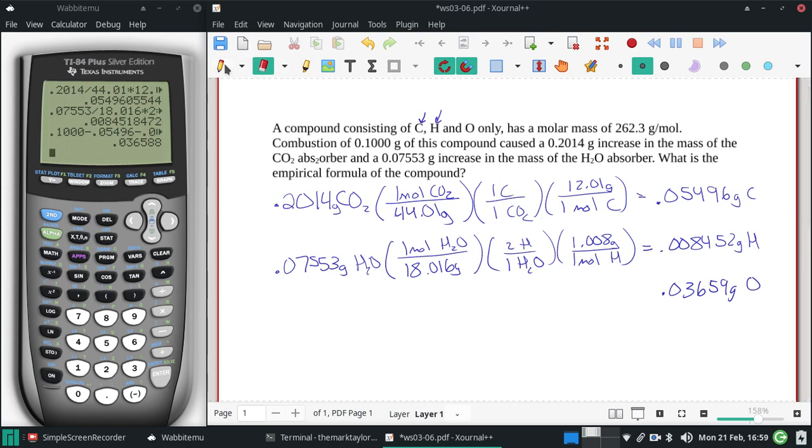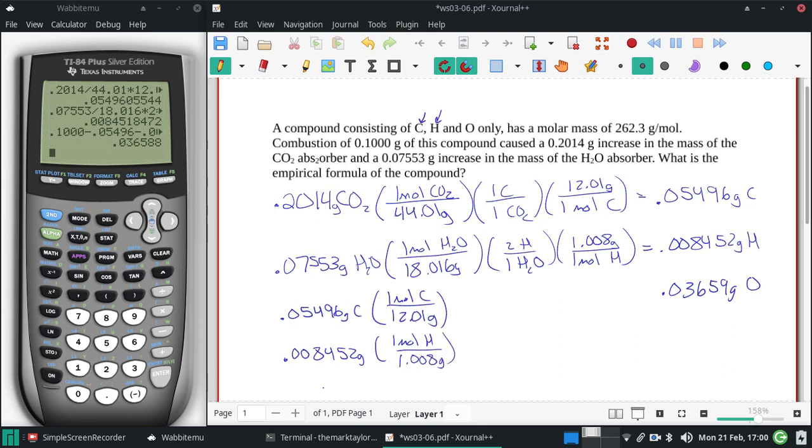Now, with these values in mind, we're going to do more like the elemental analysis we've seen before. So the 0.05496 grams of carbon, we turn into moles with the molecular weight of carbon. We'll do the same thing with the mass of hydrogen, 0.008452 grams, and with the oxygen.